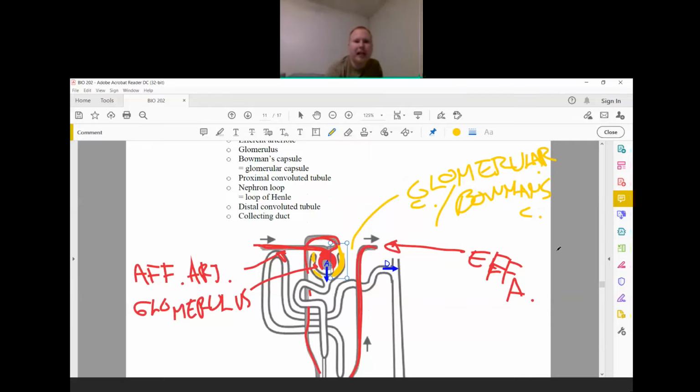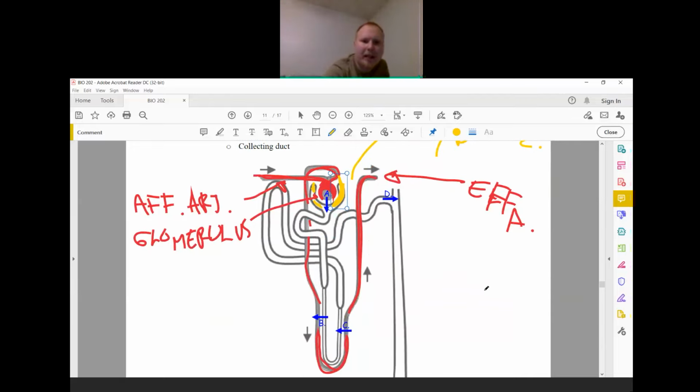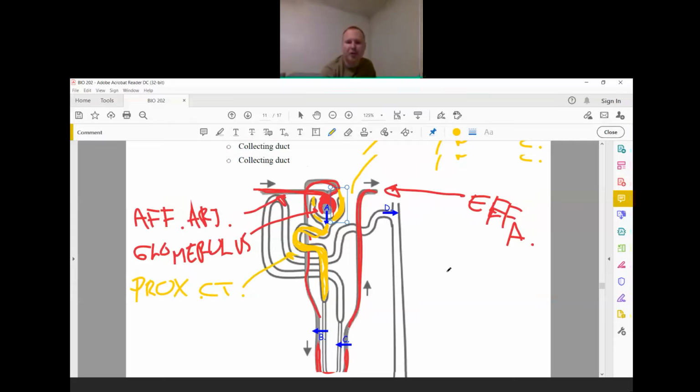Well, from the glomerular capsule, we've got this thicker wiggly line coming out, and this is going to be convoluted tubule. And because there's two convoluted tubules, we named this one as proximal convoluted tubule because it's closer to our glomerular capsule.